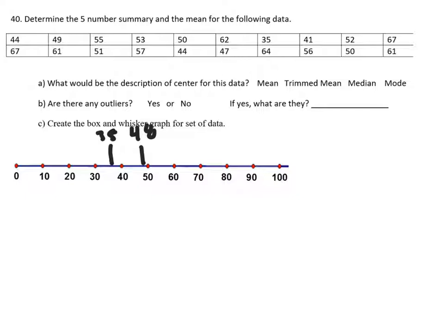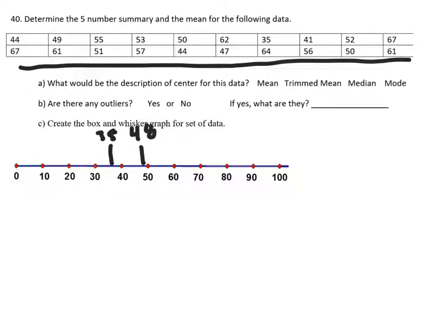I typed in all of this data and then using my calculator, the median was at 52.5, and then quartile 3 is at 63. So let's put in 63, and then the high is 67 right here.